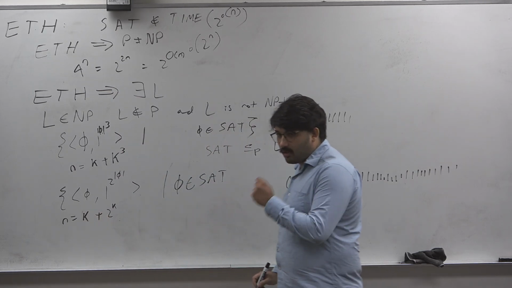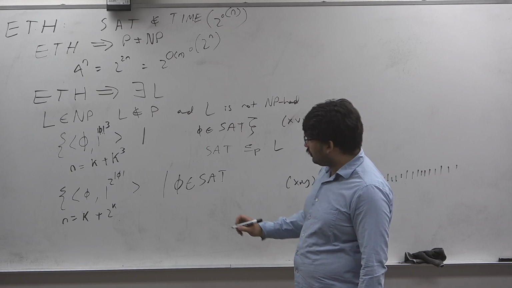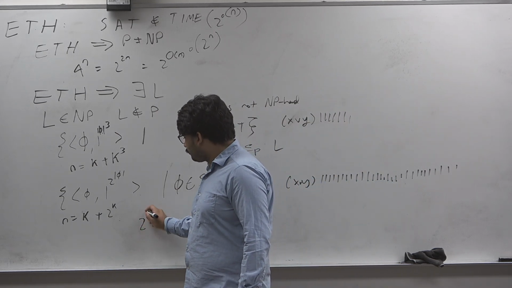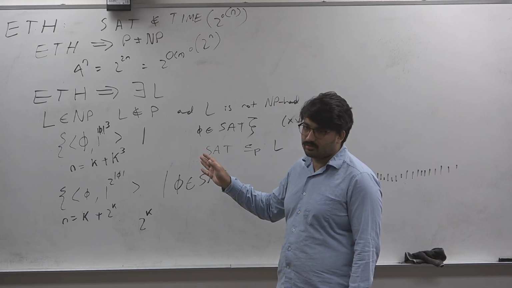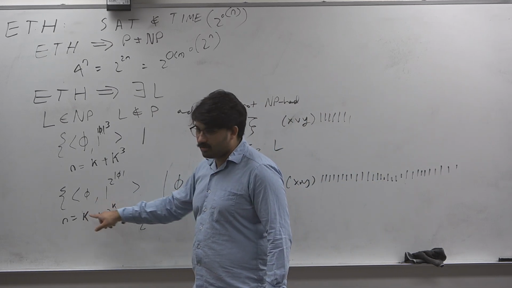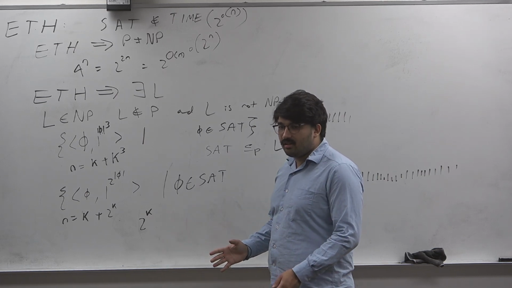Brute force takes how long? It's 2 to the k, sorry. Let's suppose that the formula has k variables. This is this size, this is that size, so it takes 2 to the k time. What is that as a function of n, though?